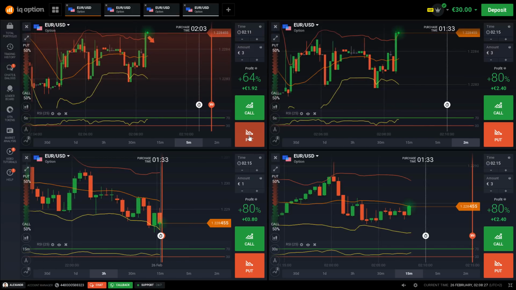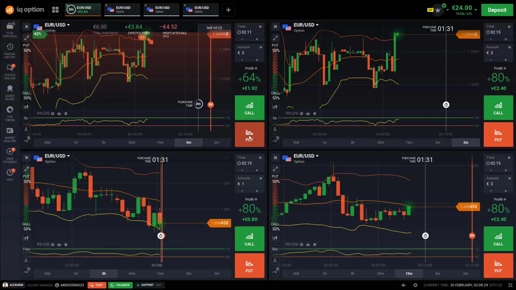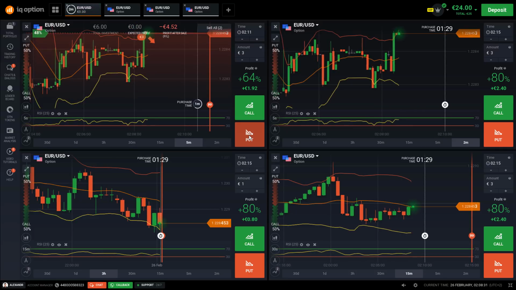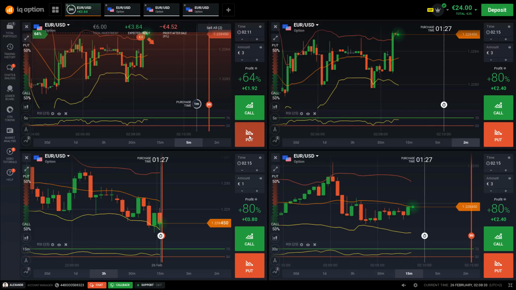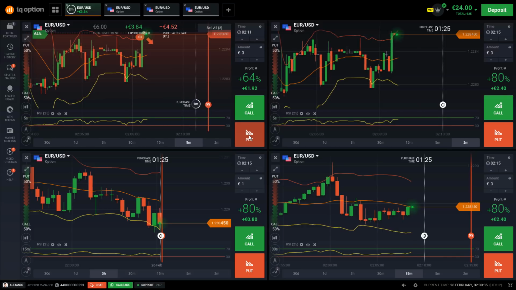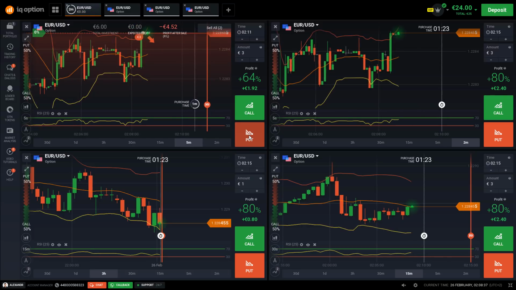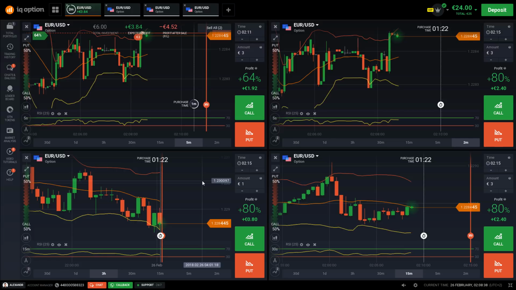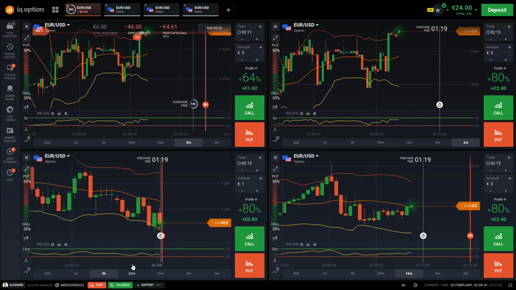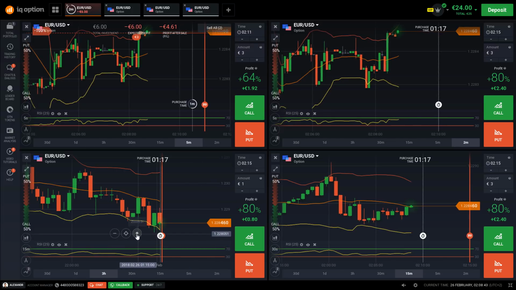Okay, here we go. Here's the first position to be opened, for 3 euros per position. I opened 2 of them, so it's a 6 euros trade.